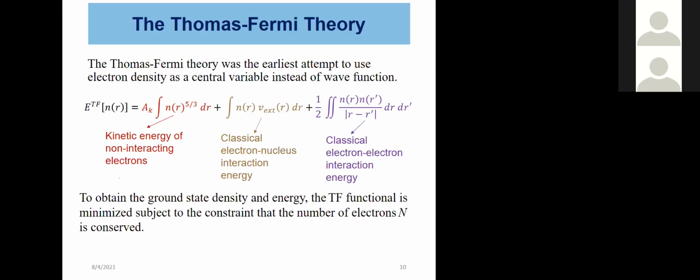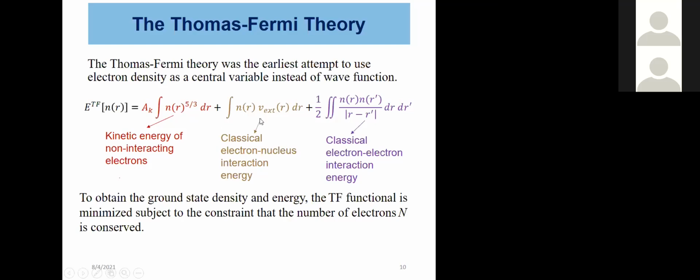So the first term is the kinetic energy of non-interacting electrons. Then the second term is the electron-nucleus interaction energy, and the third term is the electron-electron interaction energy, the same as the Hartree terms. But here these energy terms are represented in terms of the electron density n(r).